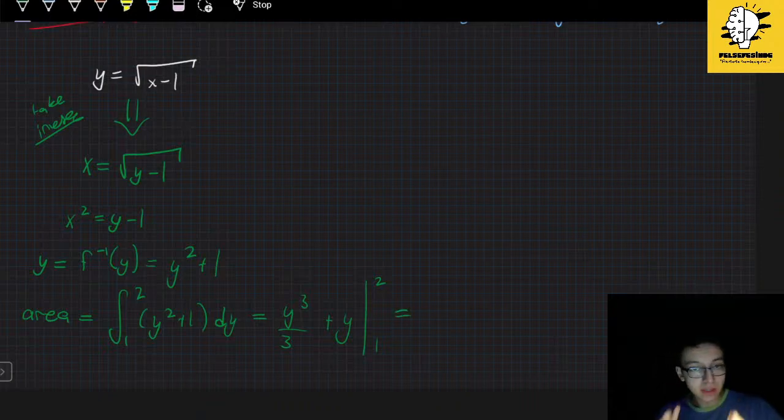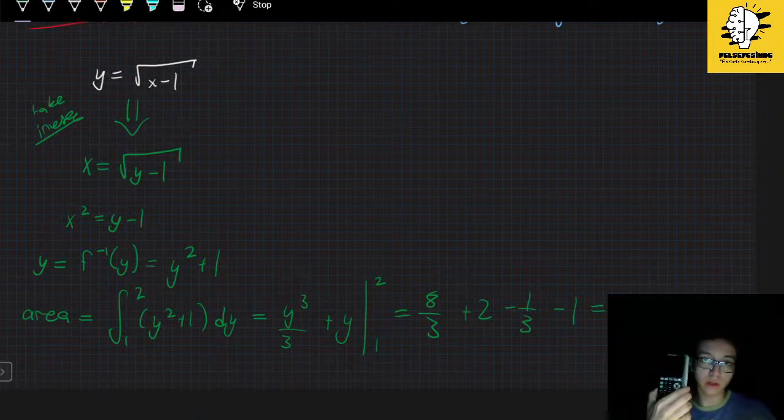Then, when I make the necessary calculations, 8/3 plus 2 minus 1/3 and minus 1. You just do it, you have the calculator or your mind to solve it. Then this will be equal to 10/3 units.